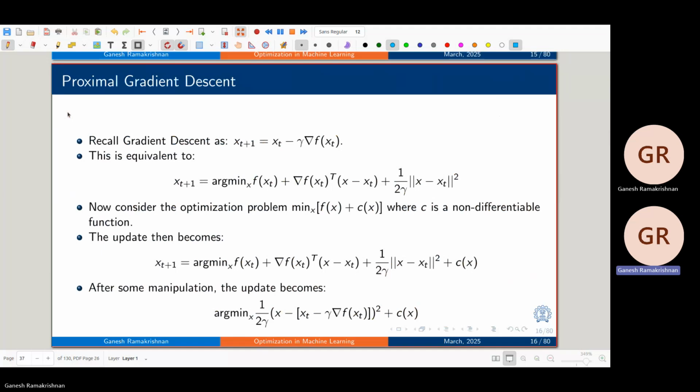So this is the formal proximal gradient descent algorithm. Okay, so this is just putting the proximal gradient descent algorithm in perspective. This is the key proximal descent algorithm.